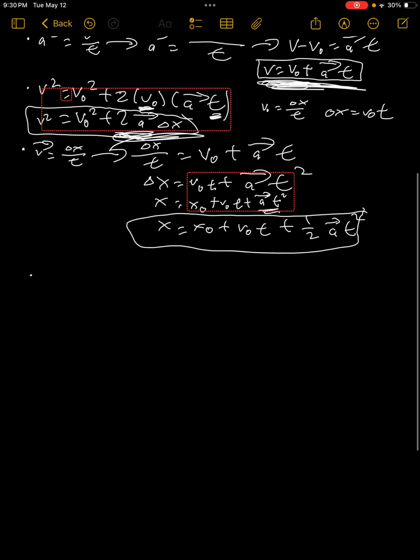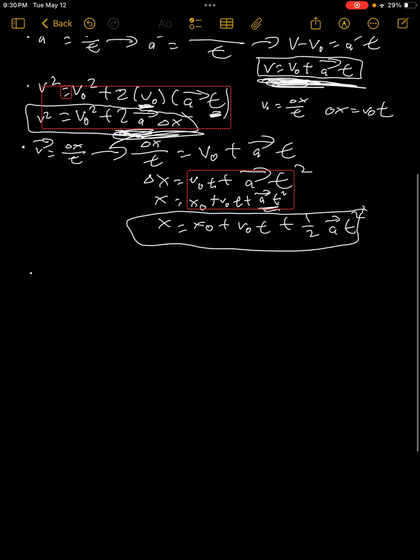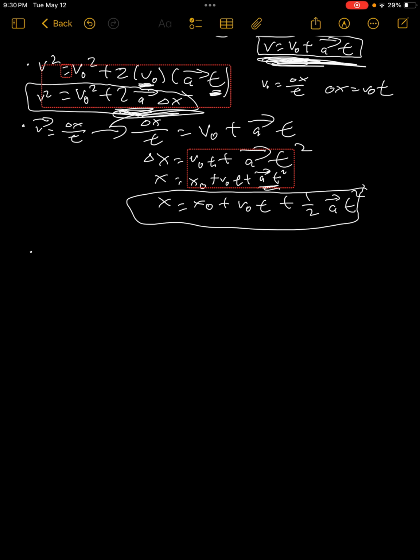So the last one is actually relatively simple. It's just finding velocity. So basically we know that this one is trying to find average velocity, and we can just write that in terms of the speeds.